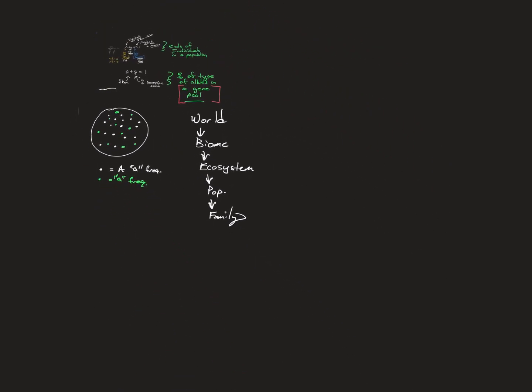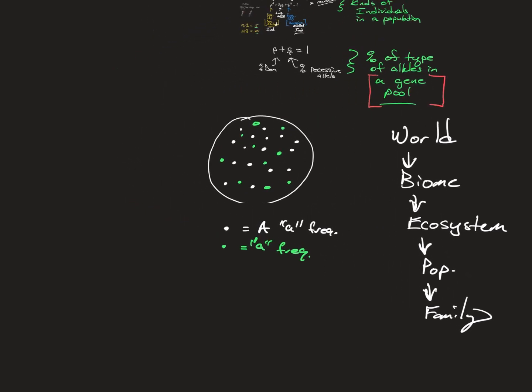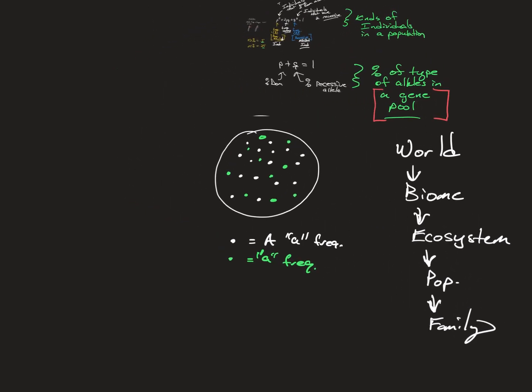It's not going to be perfect, but if it's too far off of 1, then we're concerned that something is going on. This is only true if there's no evolution. If evolution occurs, there will be a change, and it may not equal 1.